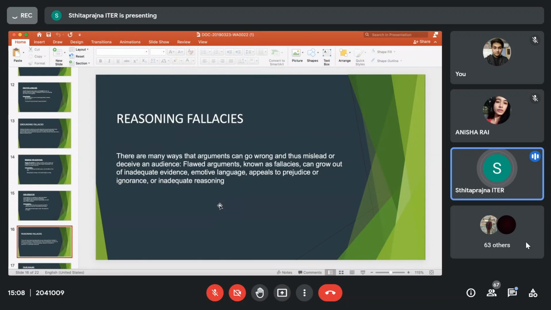When arguments are fallacious, when arguments are flawed, they deceive the audience. So flawed arguments are known as fallacies, and they can grow out of inadequate evidence, emotive language, appeals to prejudice or ignorance, or inadequate reasoning.